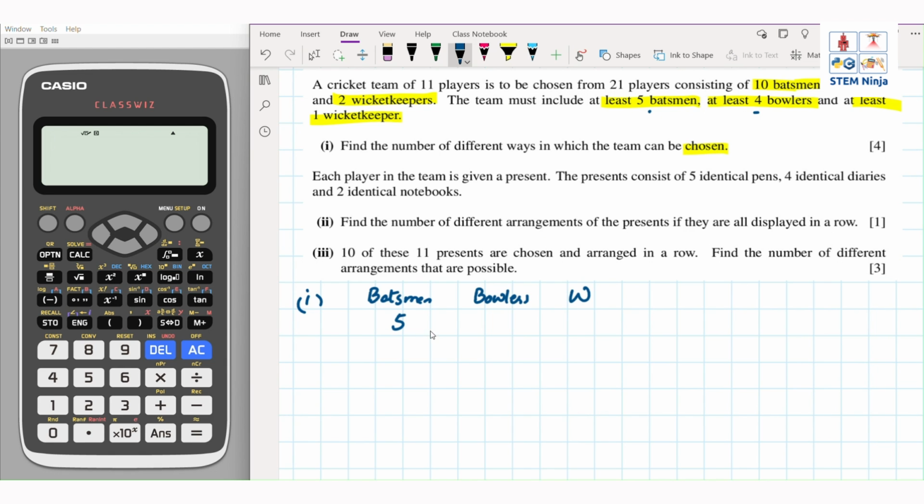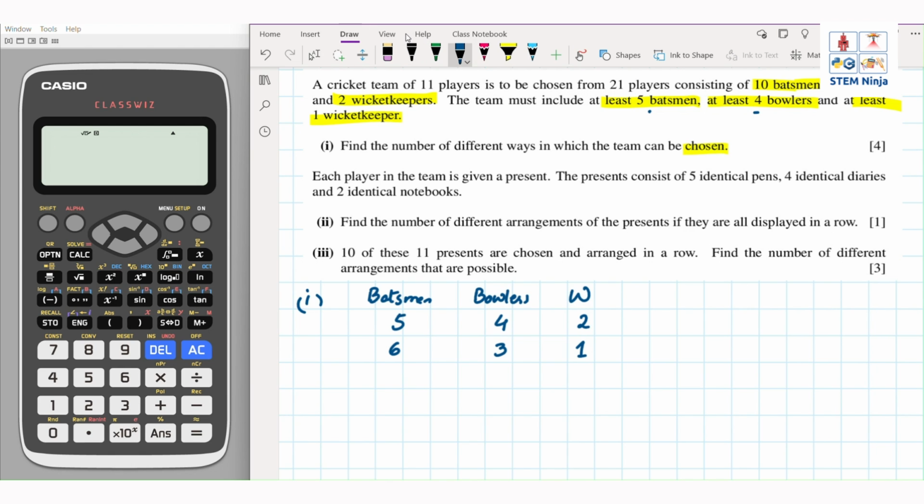So let's say we go with 5 and 4. Since we need 11 players, 5 plus 4 becomes 9, so we need 2 wicket keepers to finish this combination. Similarly, let's say we take 1 wicket keeper and 6 batsmen.